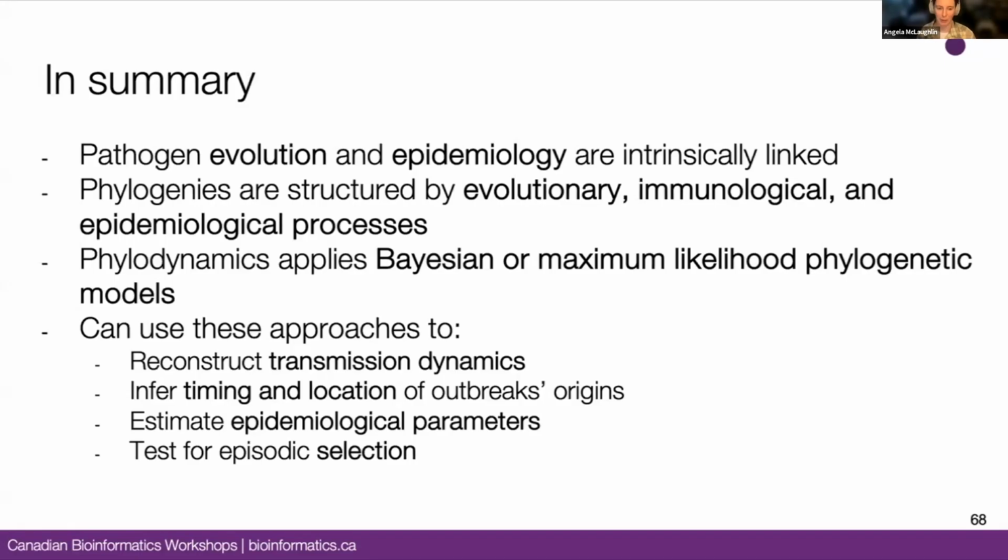We're not going to discuss parsimony because those are not widely applied. And we can use these approaches to reconstruct transmission dynamics, infer the timing and location of outbreaks' origins, and estimate epidemiological parameters such as dispersal and the reproduction number, and to test for episodic selection across the tree.